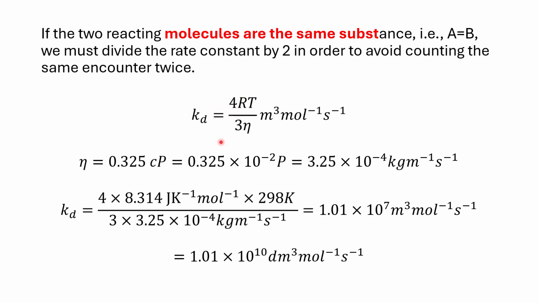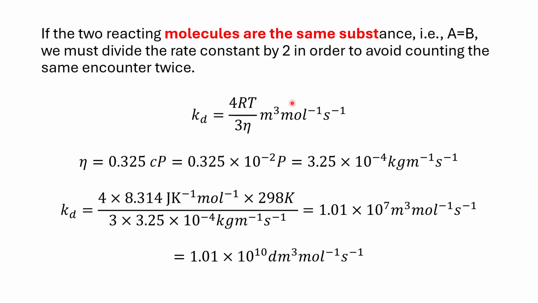Therefore, the rate constant for reactions involving the same type of molecule is 4 over 3 multiplied by RT divided by the viscosity of the solvent.